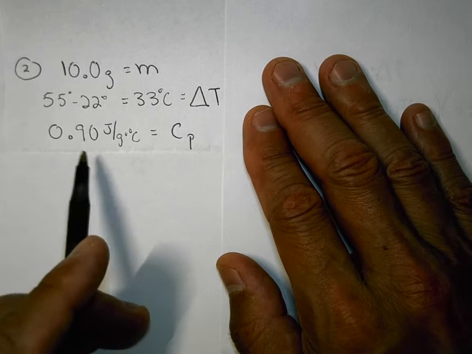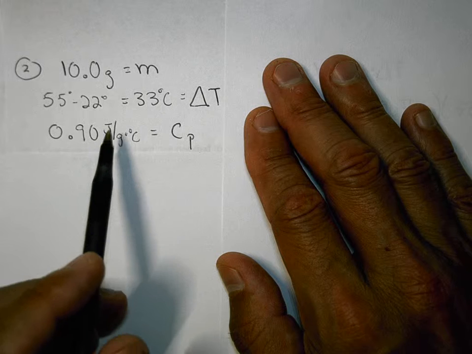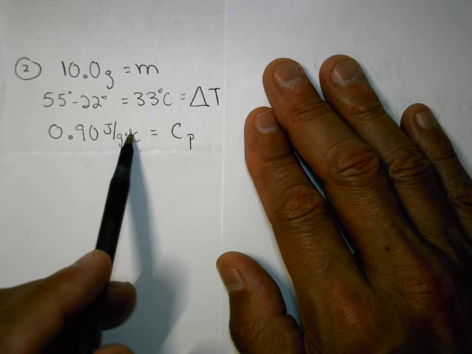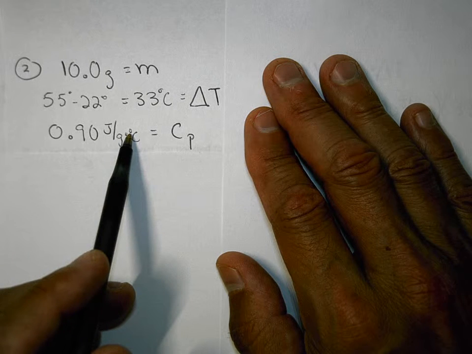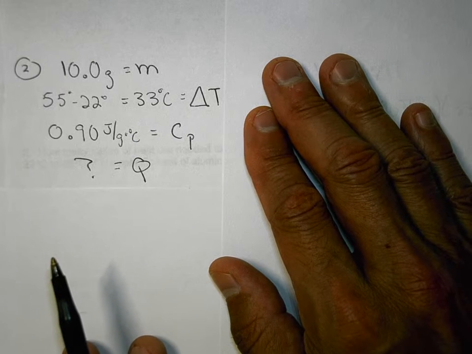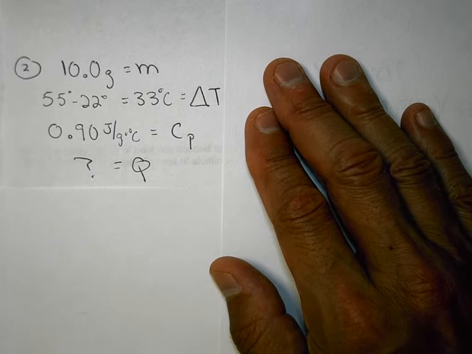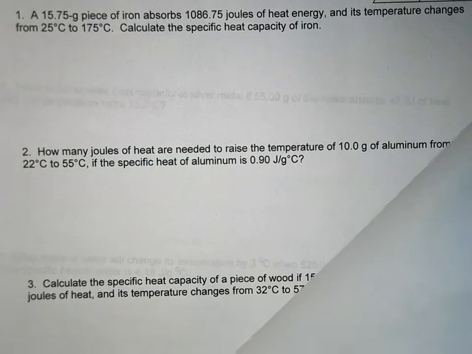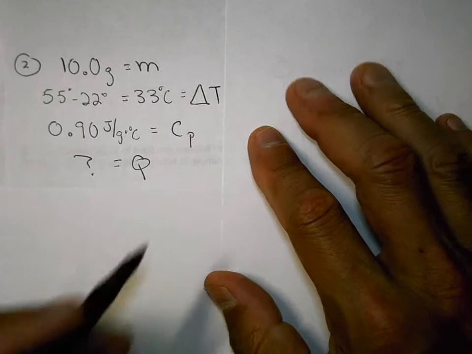Our specific heat is 0.90 joules over grams times degrees Celsius. Okay, we're trying to solve for Q. All right? The amount of joules needed to raise the temperature.